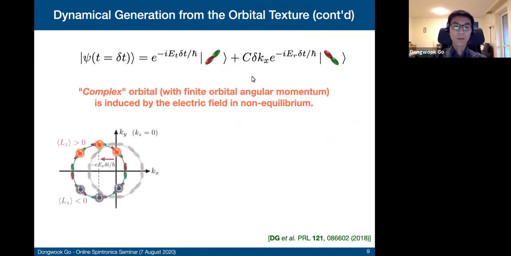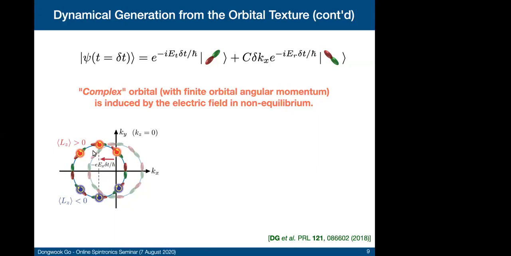So if you follow this analysis for every part of the K-space, we find the following. In the upper part of K-space, we find the induced orbital moment with positive sign, and the opposite occurs in the negative sign.